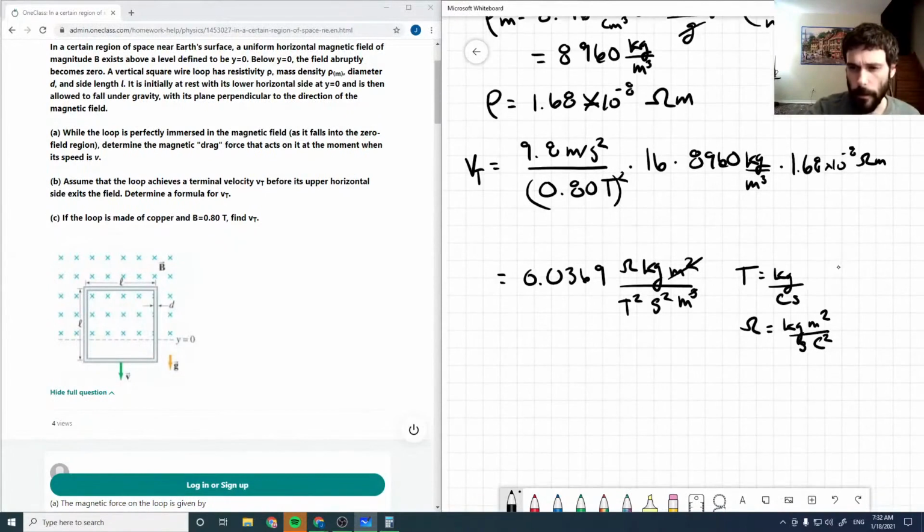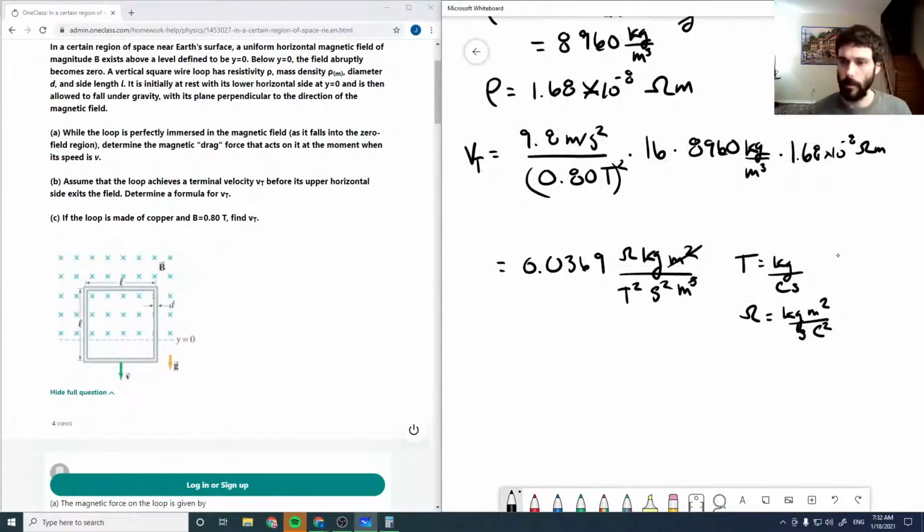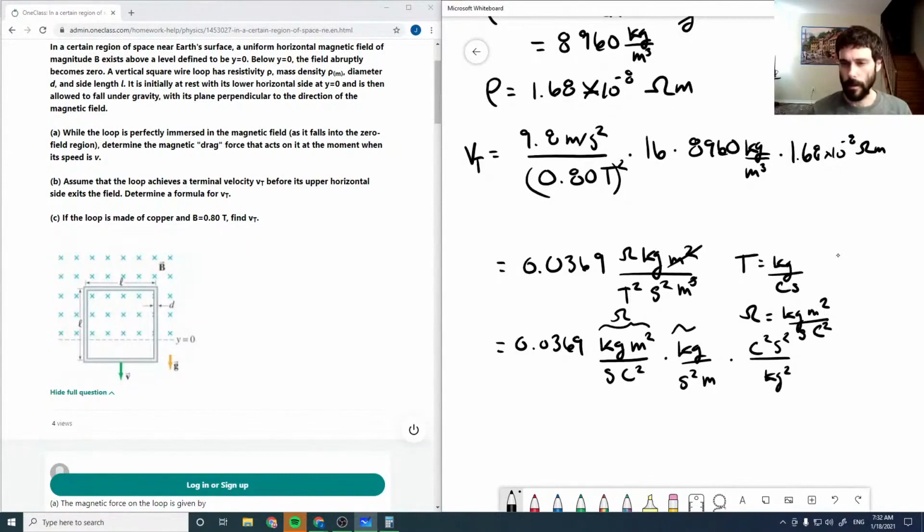So then this is in 0.0369 kilogram meters squared per second coulomb squared, times kilogram per second squared meters, times coulomb squared second squared per kilogram squared. So this is the ohm unit, this is what's left, and this is the Tesla squared unit.